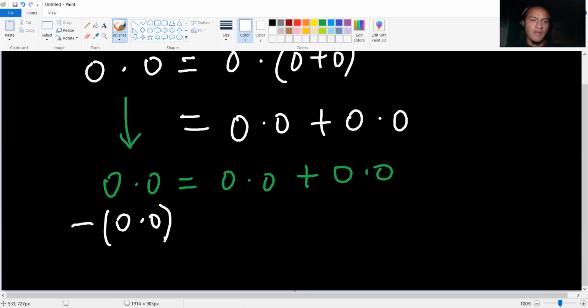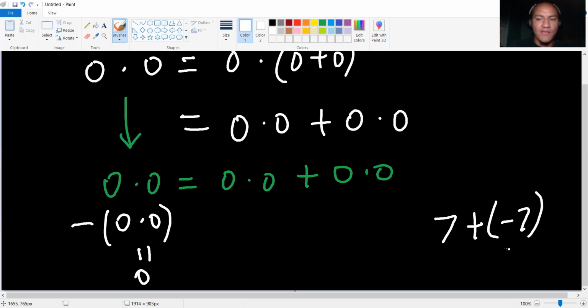Okay, so I've added 0 times 0 to its additive inverse. That's going to give me 0, that's for sure, because anything added to its additive inverse will give you 0. 7 plus -7, that's 0. It's really the same thing as saying 7 minus 7. When you subtract something with its inverse, it's 0.